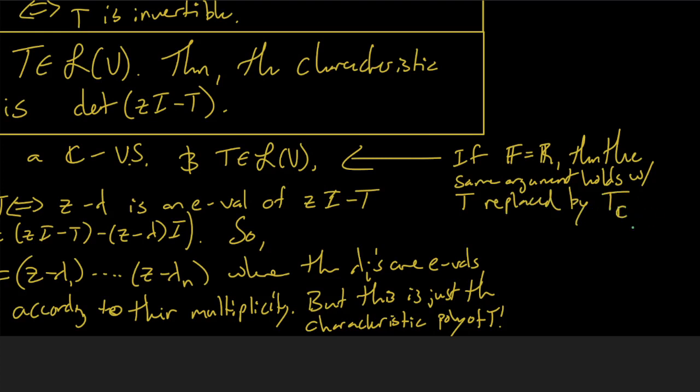Yeah? Okay, so nothing too crazy right there. So basically it's saying, hey, if you were in a real vector space, then you might not even have any eigenvalues, so this doesn't make that much sense right here.